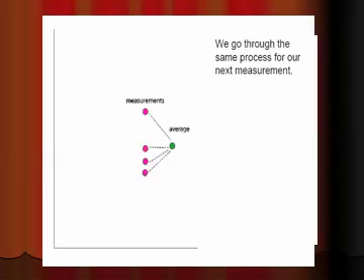Now we go through the same process for the next measurement. For example, we have the water from a pond and the water from a river, and we want to see if they are different from each other in, I don't know, pH value. We measured the pH of the water in the pond before, and now we are measuring the water from the river, and we have these measurements, and we also take the average.